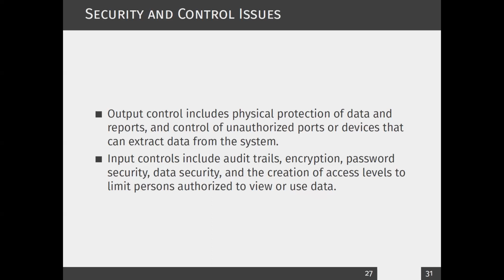So let's continue from where we stopped. We were discussing security and control issues. Output control includes physical protection of data and reports and control of unauthorized ports or devices that can extract data from the system. So security-wise, we should not allow anyone to access our data. And the second one is input controls.